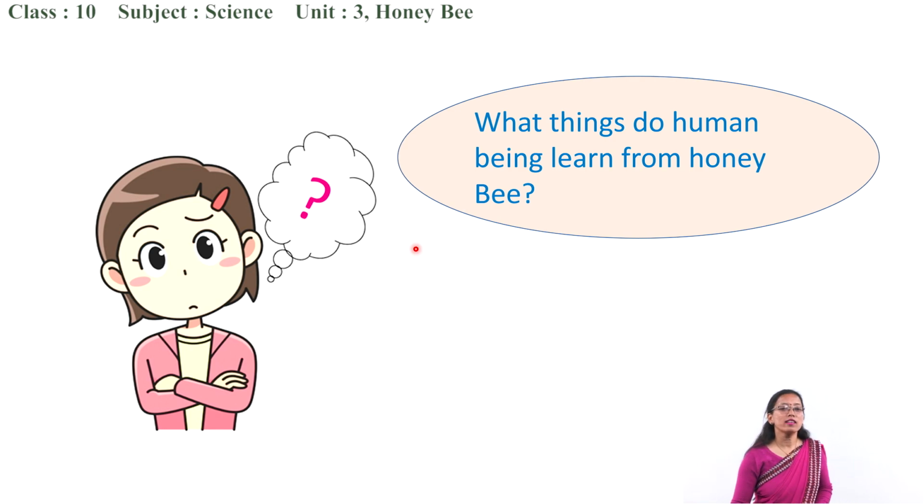Just she is thinking and asking herself, there are so many bees residing in the colony, and what can people learn from this honeybee? Can you guess? Have you ever seen those honeybee hives? What can you learn from them?